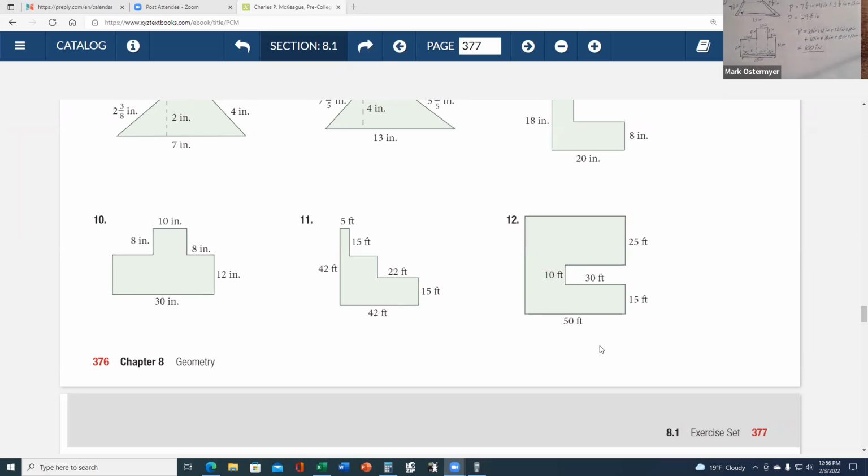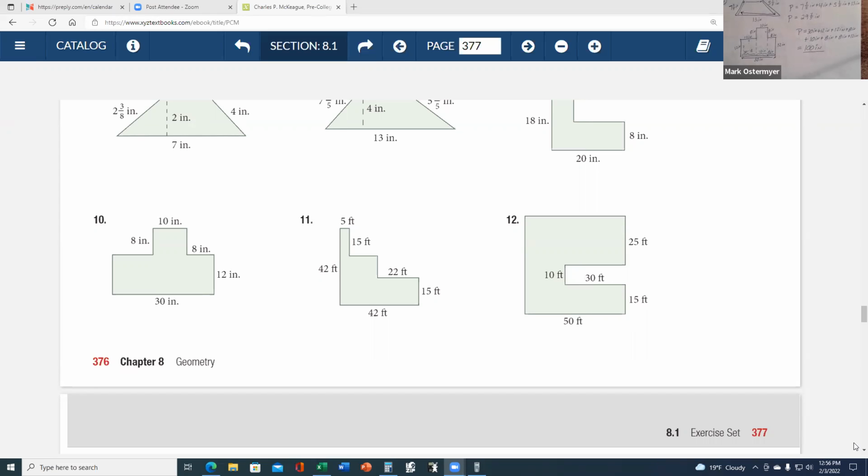Number 12, they want us to compute the perimeter if we were to walk around this entire shape. So if we were to hug the wall and walk all the lengths of the walls all the way around, we would have walked the perimeter of that shape. Do we know all the side lengths?